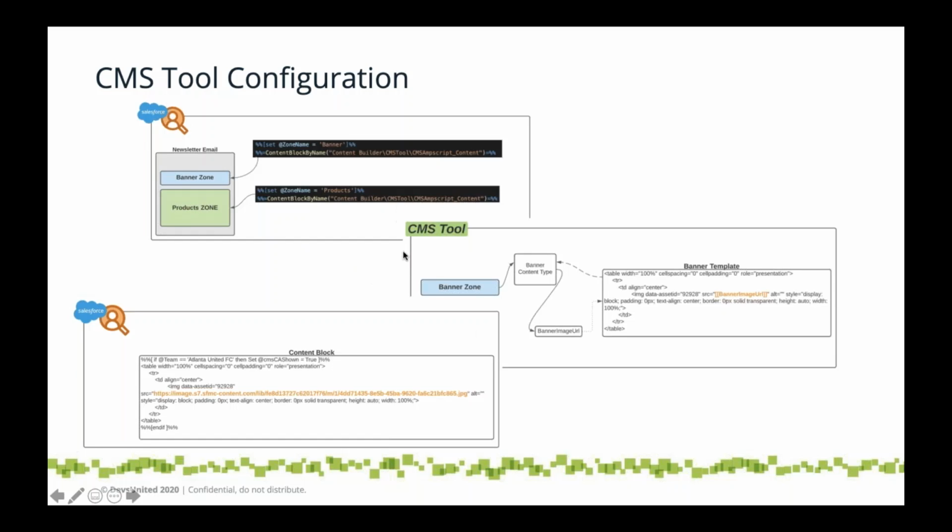So on the CMS tool side, we will also have an instance of a zone object, which is the banner zone. That object will be related with a content type for the banner, and the content type will have all the fields that we need to personalize. In this case, we also have the image URL of that banner.